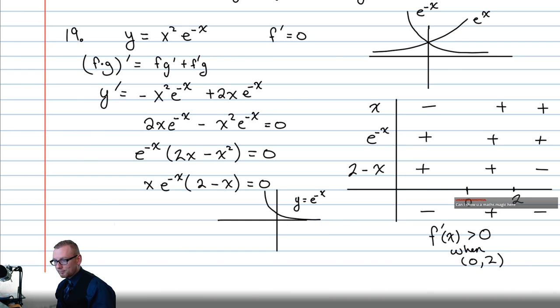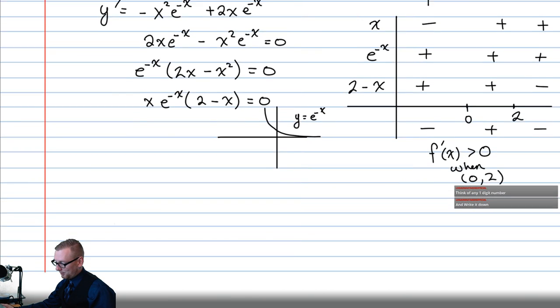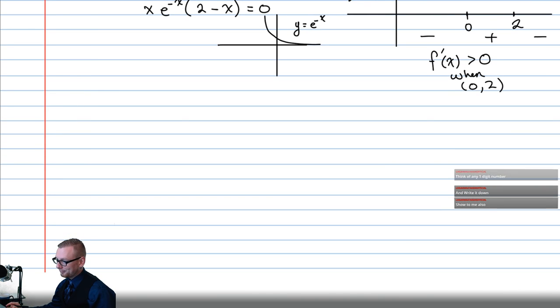Yeah, go ahead. One-digit number. Oh, but writing it down's cheating. Also, if you pick a common number, it's cheating. So I'll pick, let's do 9.